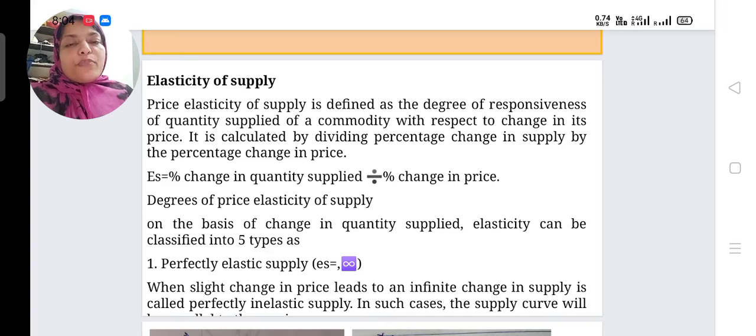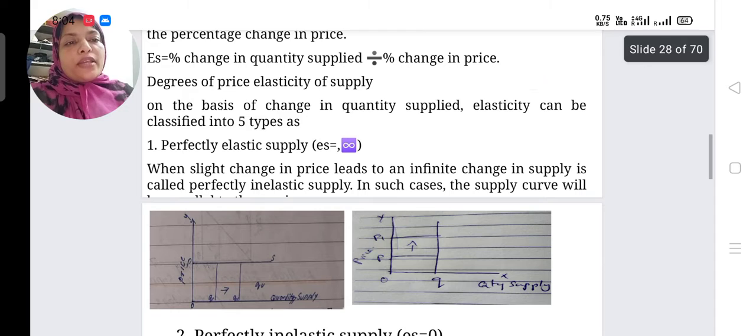Then degree of price elasticity of supply. On the basis of change in quantity supplied, elasticity of supply is classified into 5 types. First one is perfectly elastic supply, that is represented as ES equal to infinity.